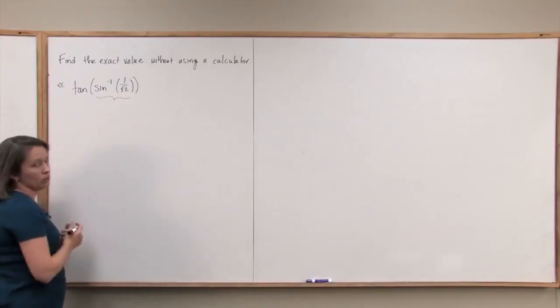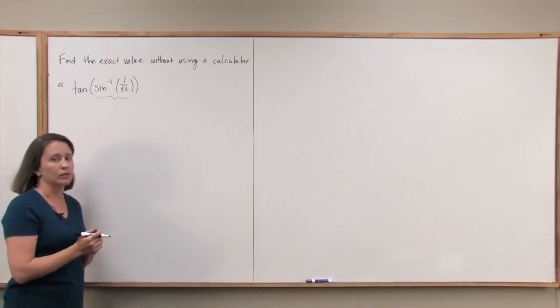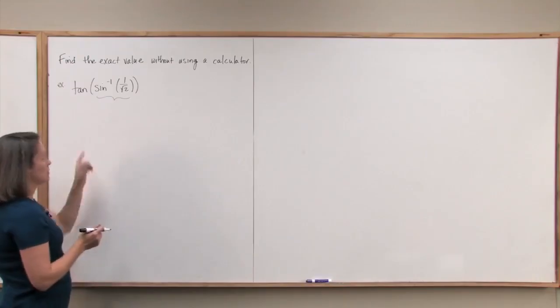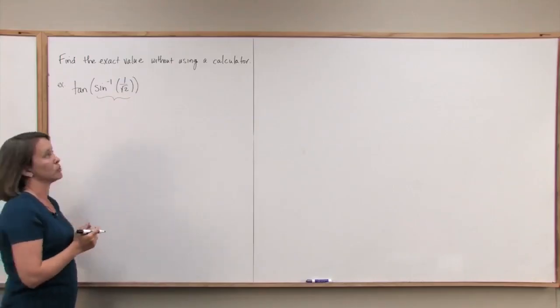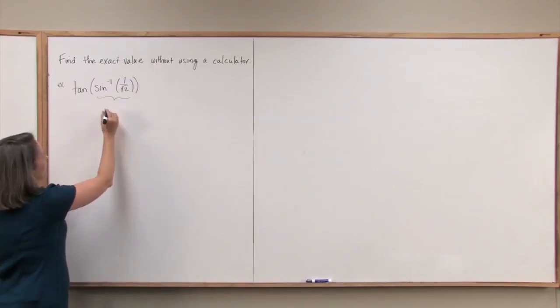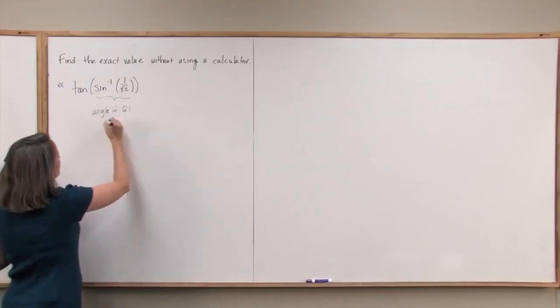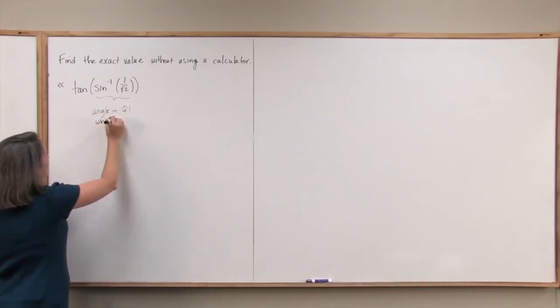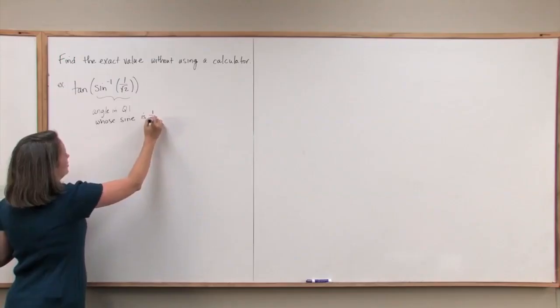This is an angle. In what quadrant does this angle's terminal side lie? Well, since this is a positive number and this is the inverse sine function, it must be in quadrant 1. So this is an angle in quadrant 1 whose sine is 1 over the square root of 2.